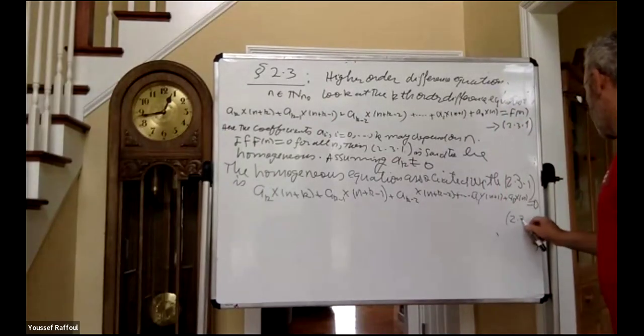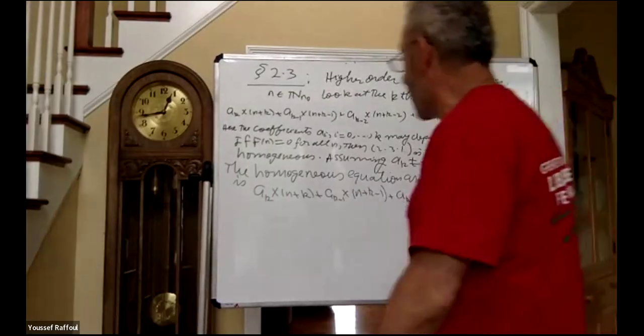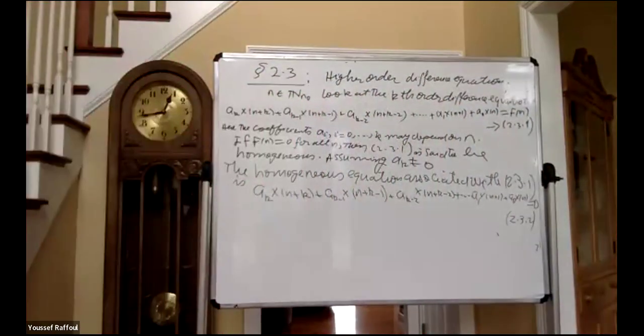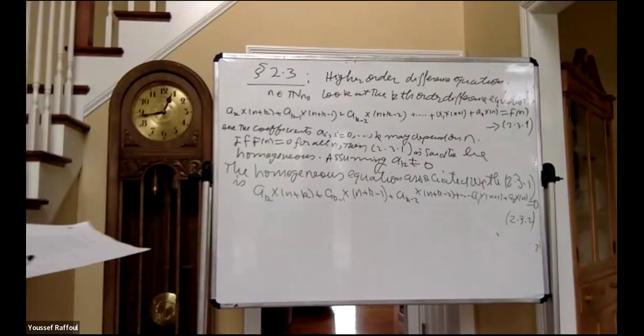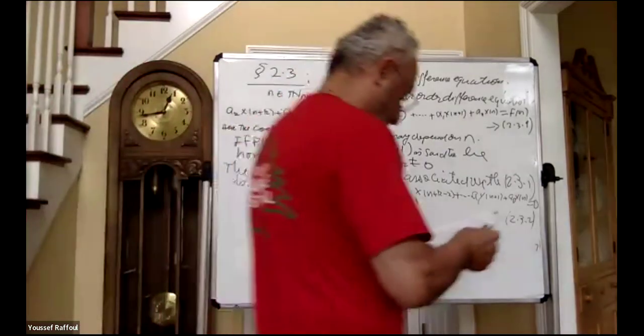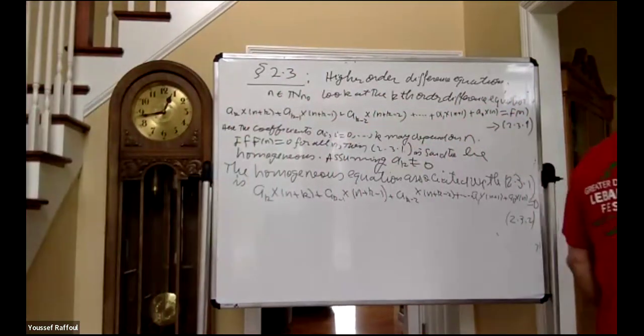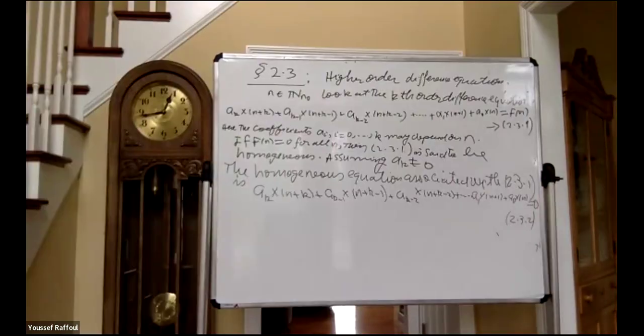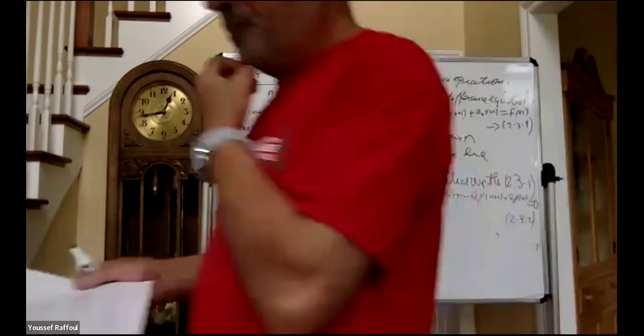And that is going to be 2.3.2. So that is a homogeneous equation associated with 2.3.1. Okay? Any questions?